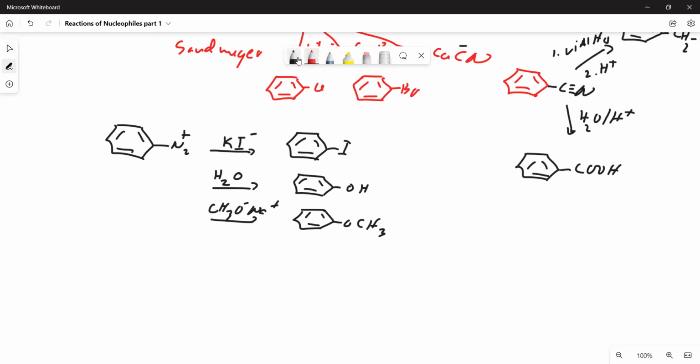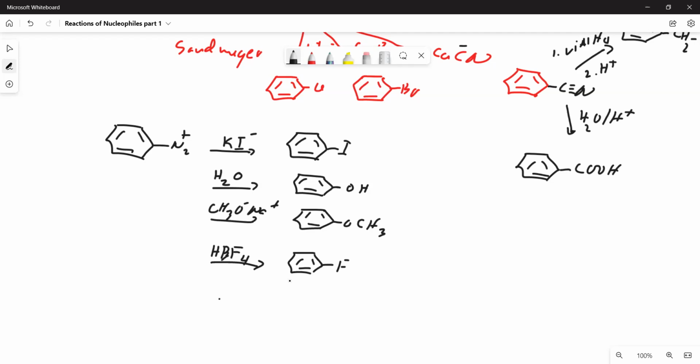Another important halogen which we cannot attach because it's very reactive is the fluorine. But through diazonium salts, if you use fluoroboric acid or HBF4, the fluoride here can displace the nitrogen, producing fluorobenzene. And this is the way we can attach the fluorine, not through electrophilic aromatic substitution.